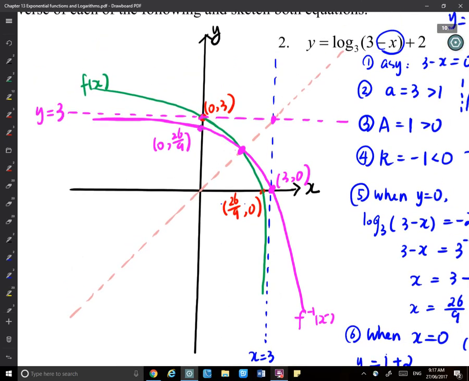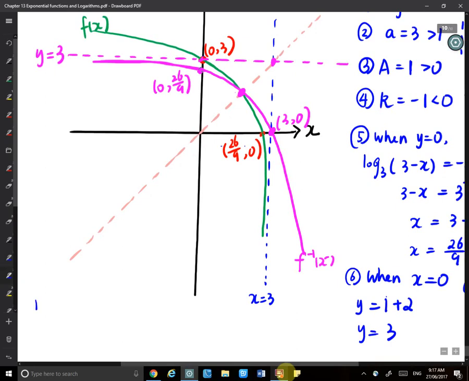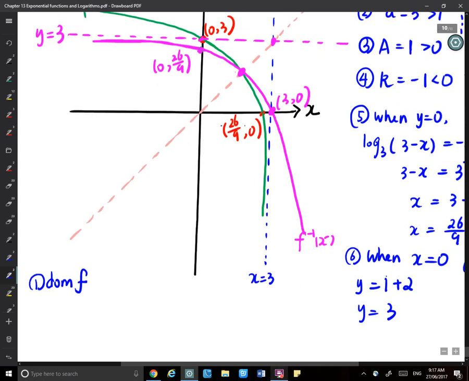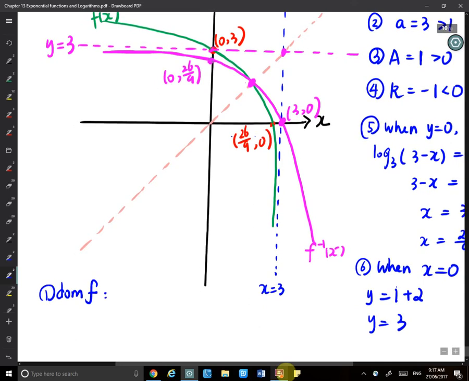How do we find the inverse graph? How do we find the equation of the inverse? Okay, so let's have a think. What's the domain for the original f? That's the step we're trying to solve for the inverse. Number 1, the domain for the original graph, this green one, is negative infinity to 3.